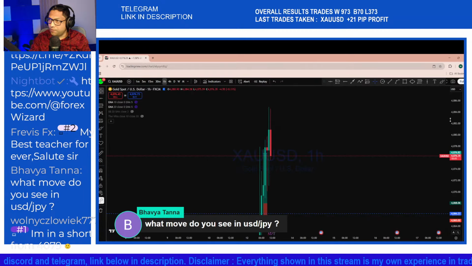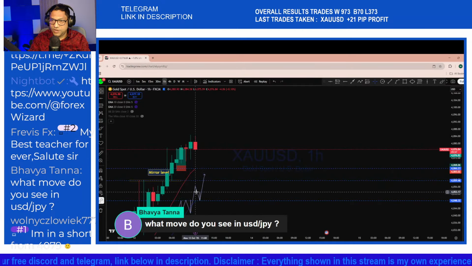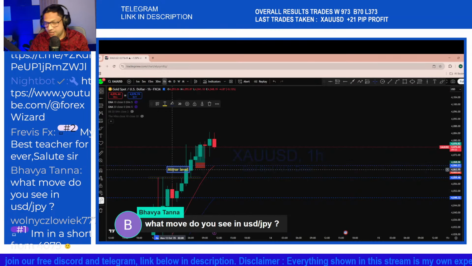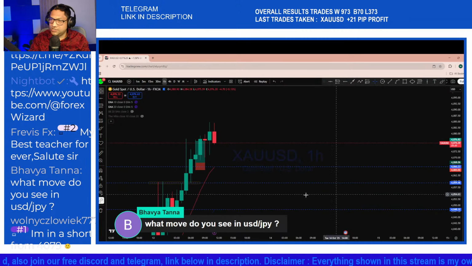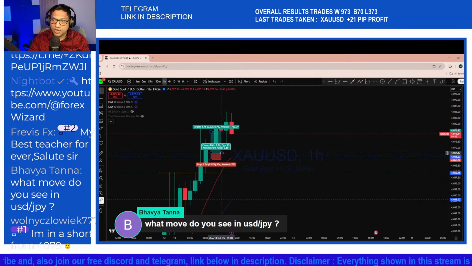Now from the 1 hour perspective, the market is maintaining this uptrending market structure, where the price is creating a series of higher highs and higher lows in an uptrend.